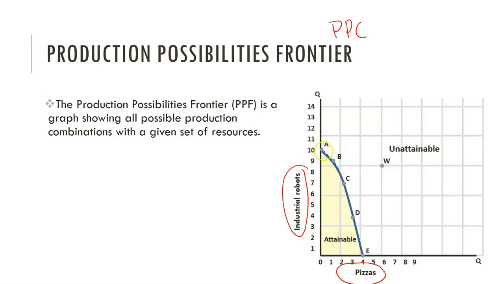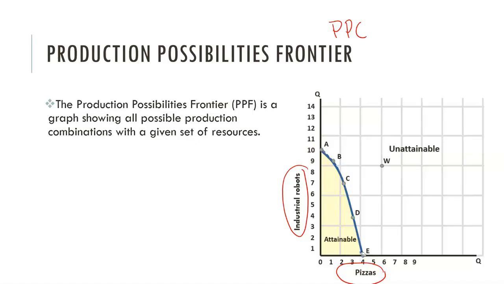All right, so this solid line here is showing you the maximum that they can produce in this economy. So they can produce 10 industrial robots and 0 pizzas. They can produce 0 robots and 4 pizzas, or they can produce some of these other combinations in between.